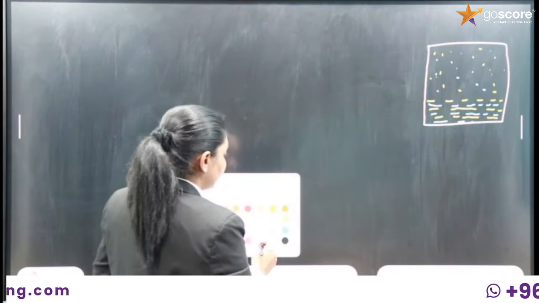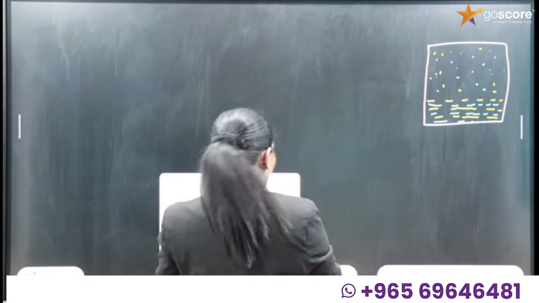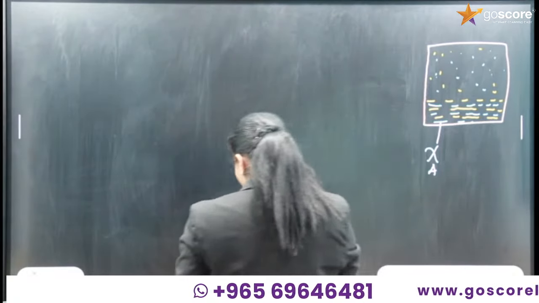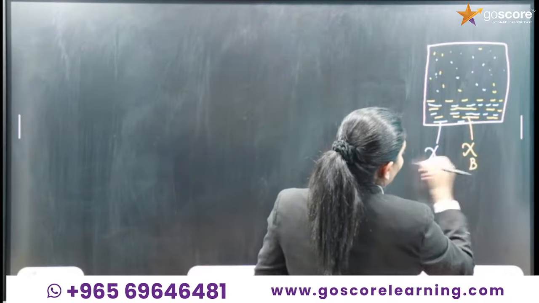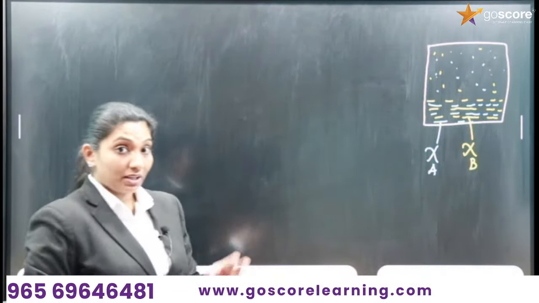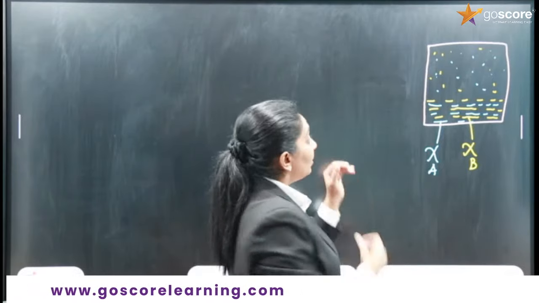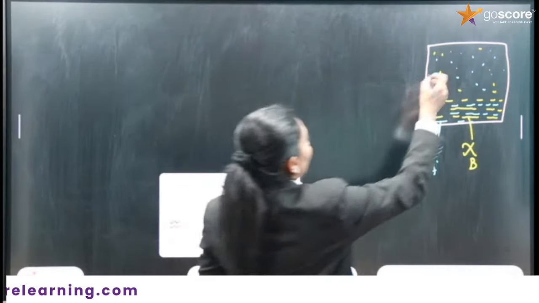So here we have considered, for the component A, the mole fraction of A, and for the second component we consider the mole fraction of B. These components are also forming vapors there, right? So there also we will consider the mole fraction.